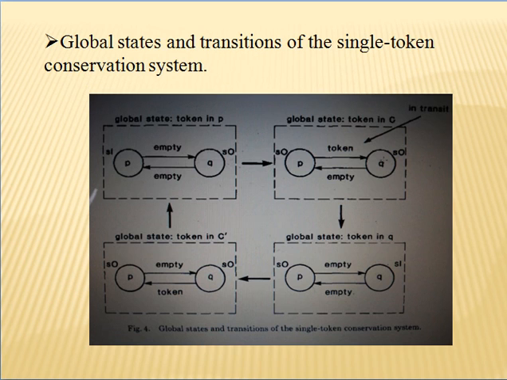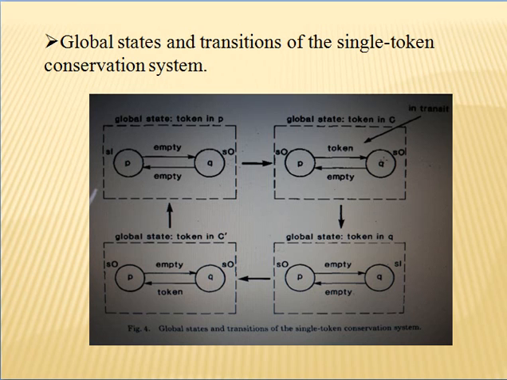Next, this is the main thing: the global states and transitions of the single token conservation system. At first, the token is in P, so P is in state S1. There is no token in the channel, so it is shown as empty. Q is in state S0, not having the token. P sends the token to Q, so P goes from S1 to S0.